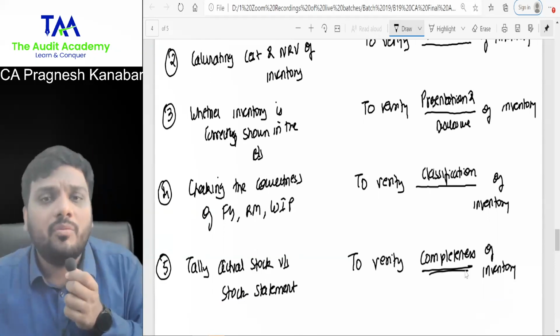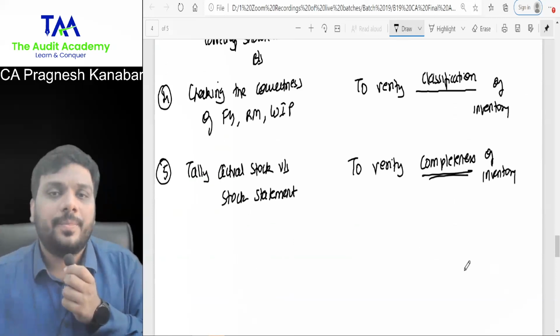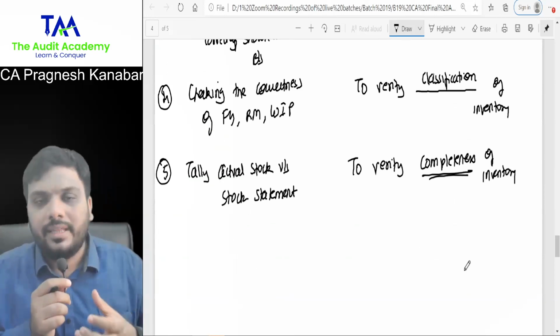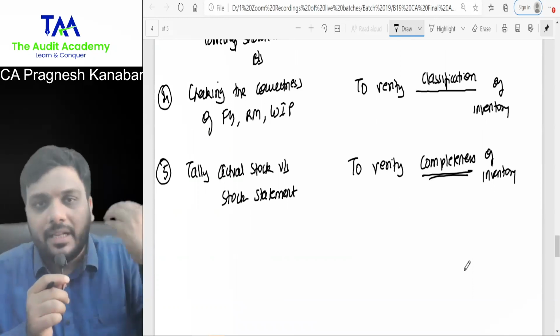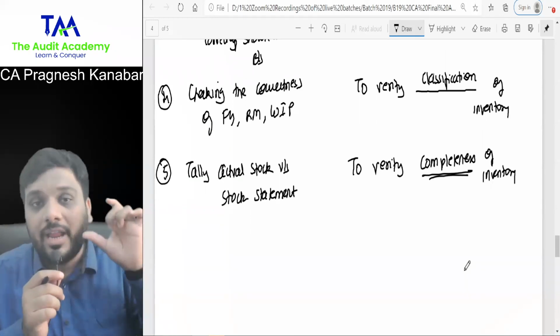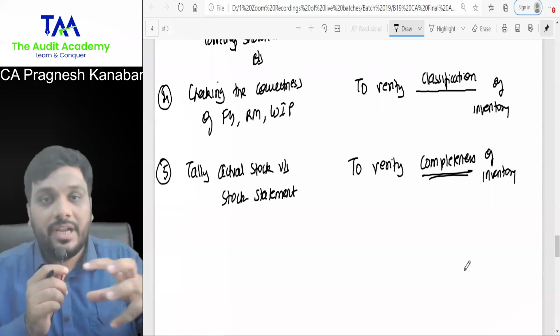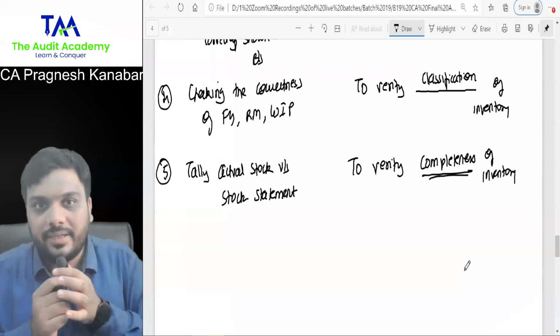And I don't know how much you are in touch with practical life, but you may be knowing this, that the big companies, manufacturers, they try to take working capital loan from the bank, the cash credit and overdraft, which is their drawing power based upon their current assets, correct?